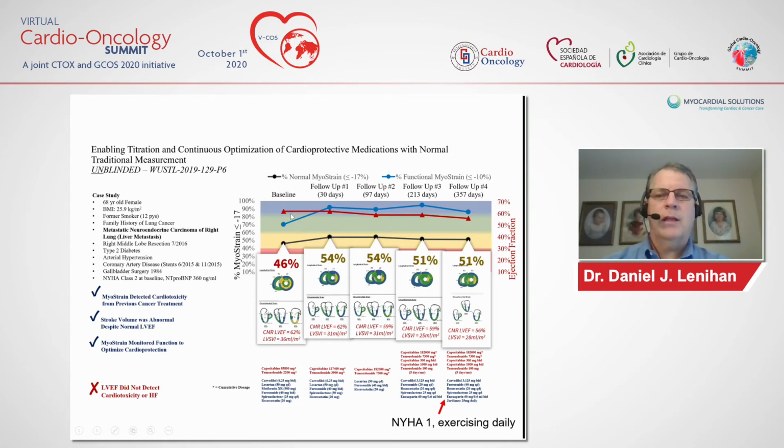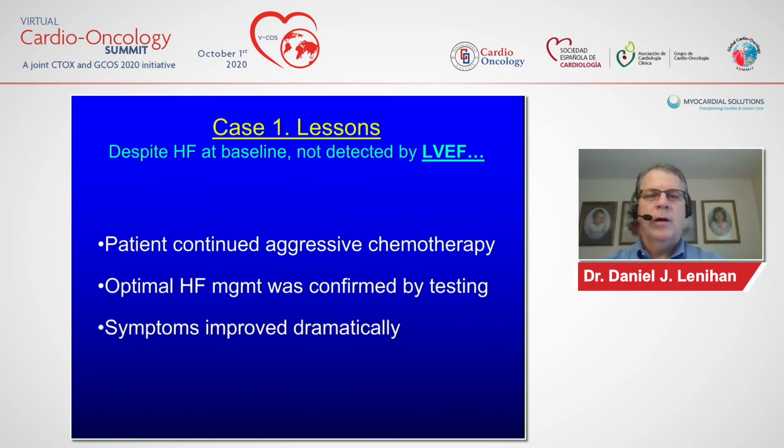And if you look at the left ventricular ejection fraction, it remained in the normal range throughout. So in this case, the lessons are that patient can continue on aggressive chemotherapy despite abnormalities in strain, especially if you're monitoring it closely. And then optimal heart failure management was confirmed by the serial testing.